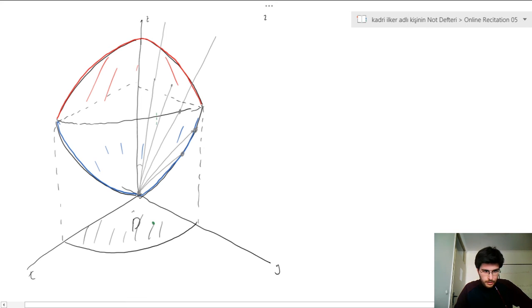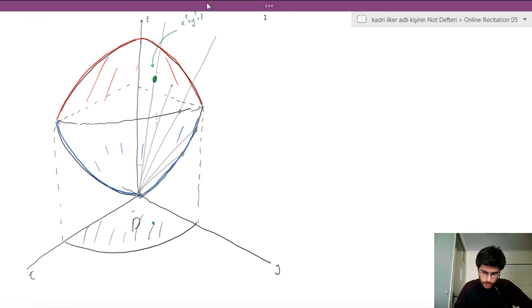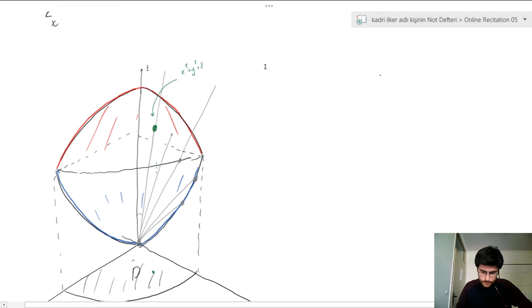What I mean is the following. When you hit, for instance, over here, this is exactly when x squared plus y squared plus z squared equals 12, and this is exactly when rho is square root 12.